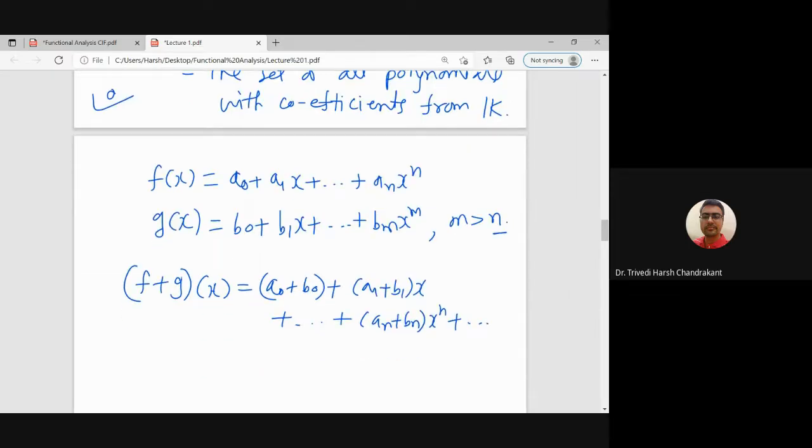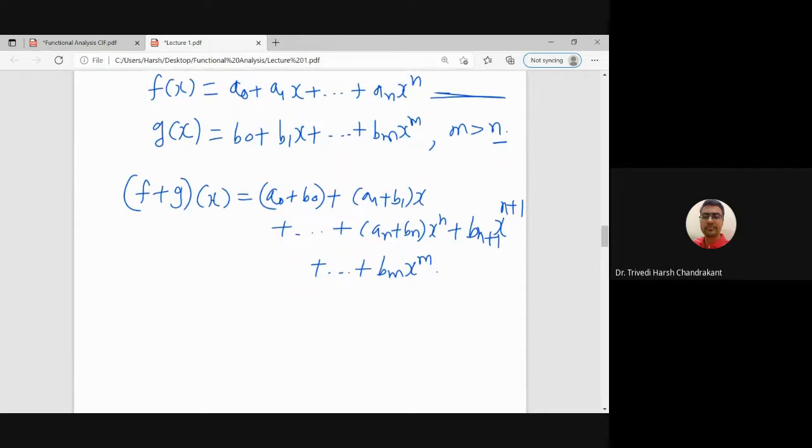After that n is smaller, so there are no more terms of f. The next terms will be b(n+1) x power n+1, and the last term will be bm x power m.